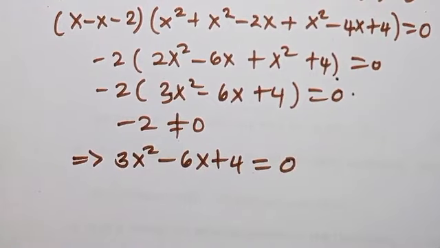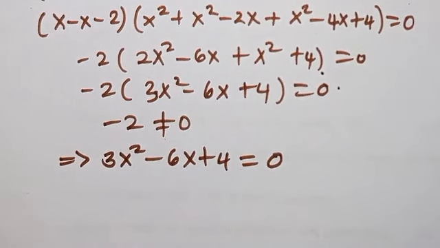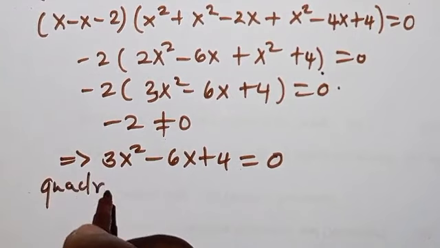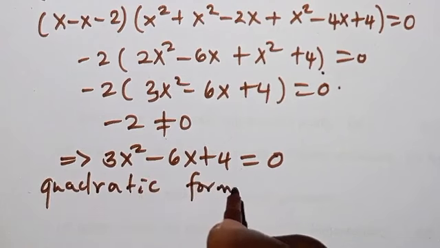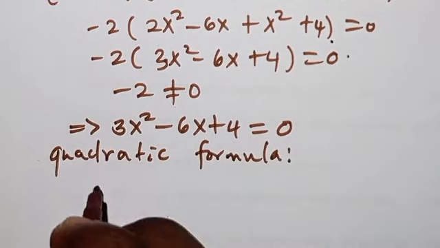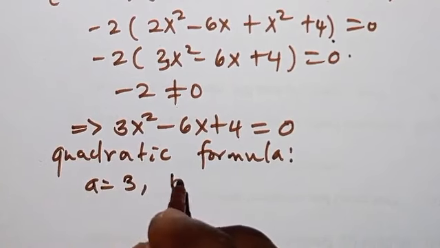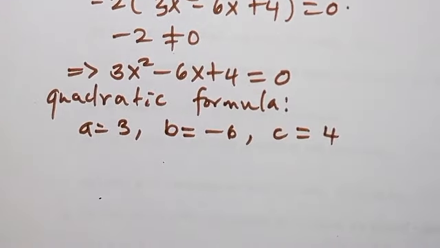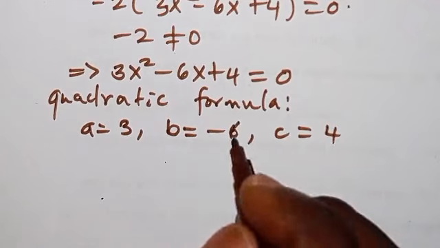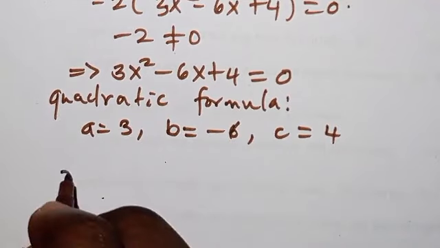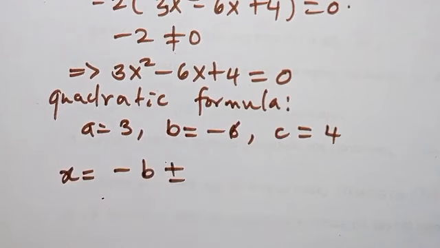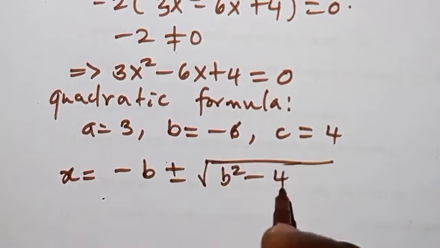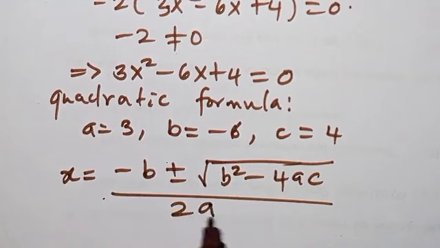Are you following? From there, the next thing we're going to do is to simplify this quadratic using the quadratic formula. We can have a to be 3, b to be minus 6, and c to be 4. So x equals minus b plus or minus the square root of b squared minus 4ac, all over 2a.